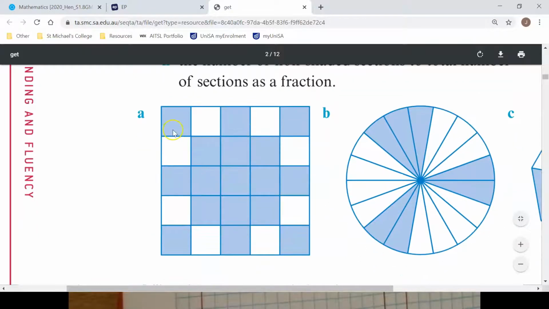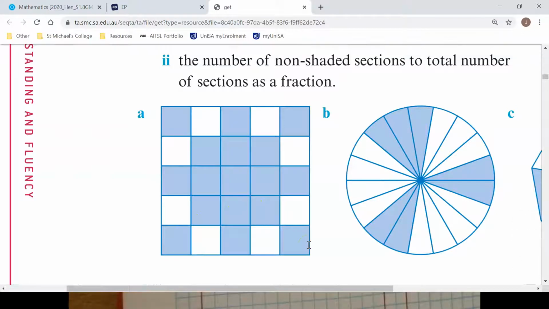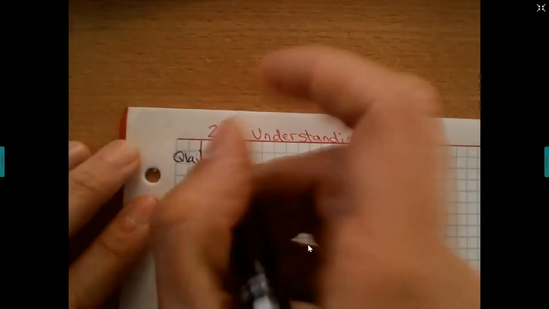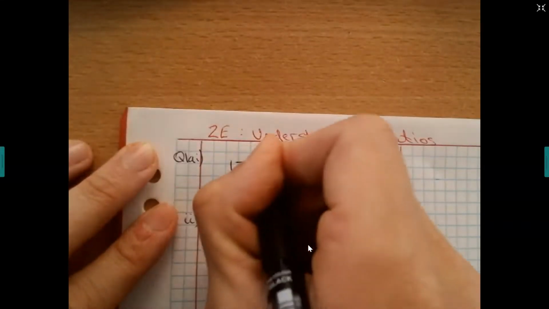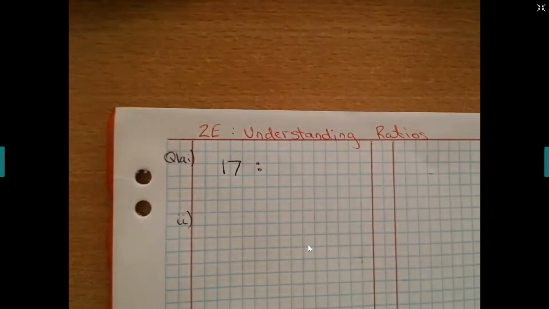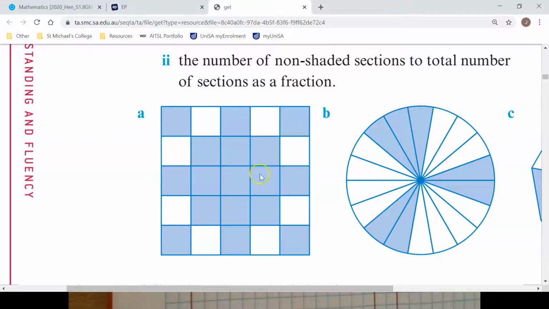So in this situation, we count the shaded sections: 1, 2, 3, 4, 5, 6, 7, 8, 9, 10, 11, 12, 13, 14, 15, 16, 17. So there's 17 shaded. I'd start off by writing 17 colon, and then because we're comparing shaded to non-shaded, there's 1, 2, 3, 4, 5, 6, 7, 8.